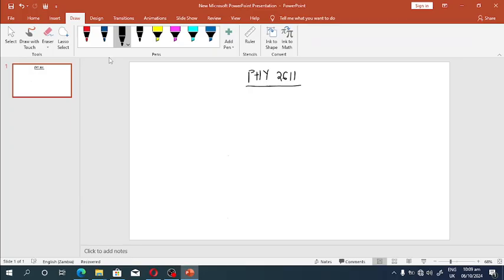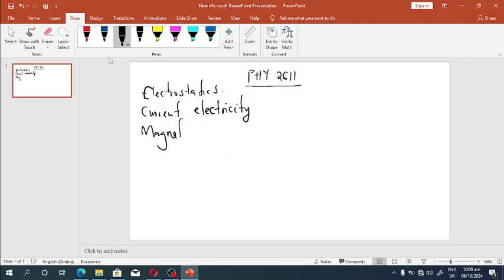And so under electricity and magnetism we are looking at three main components. That is electrostatics, we are also looking at current electricity, and then lastly we are looking at a part of magnetism. And so these are the main areas that we'll be looking at as we are dealing with electricity and magnetism.